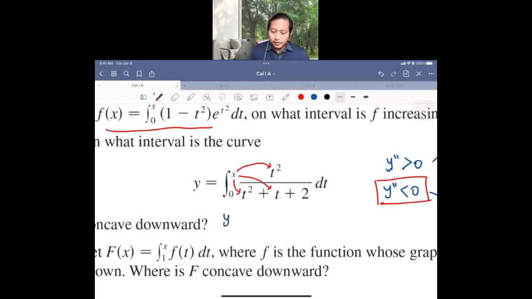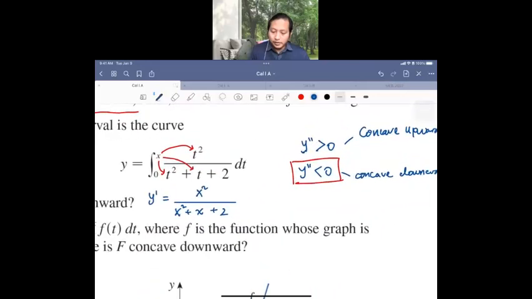So the y prime is x squared. Okay, that's the first step. Now the second step is a little bit complicated, but still doable, and I think you also can still do the derivative. Okay, you can try. Find the second derivative from here.